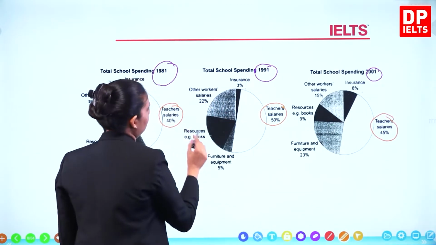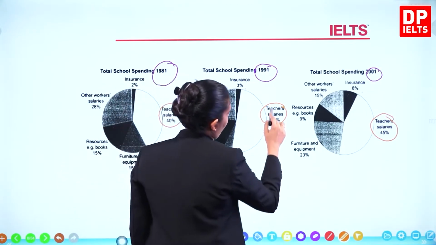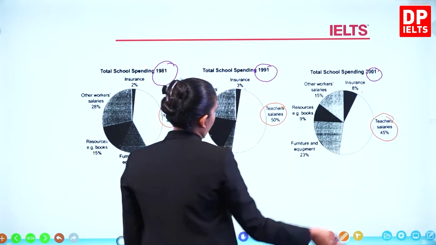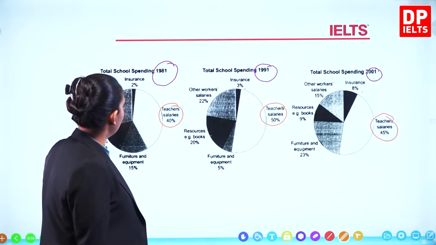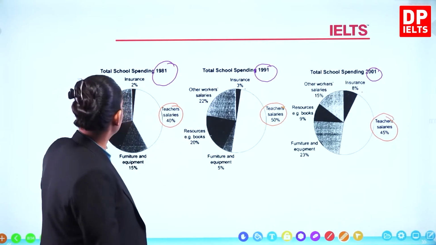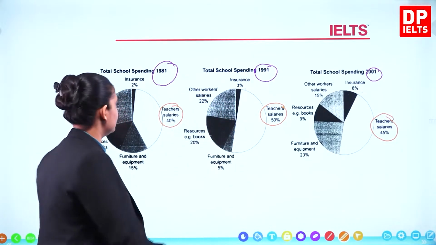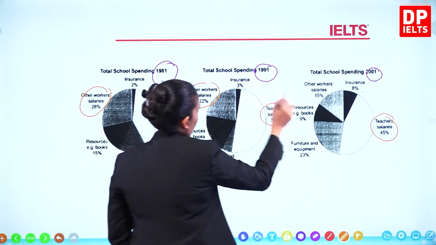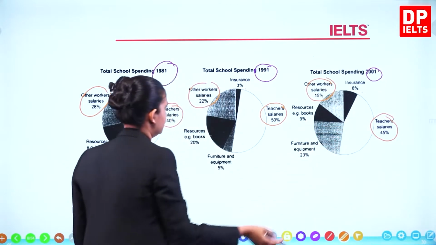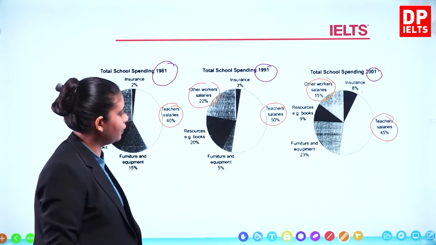So here it's 40, then nearly half, actually half, and then nearly half, 45%. And then you could talk about other workers' salaries, how it declines, 28 to 22 to 15. So that could be one paragraph.